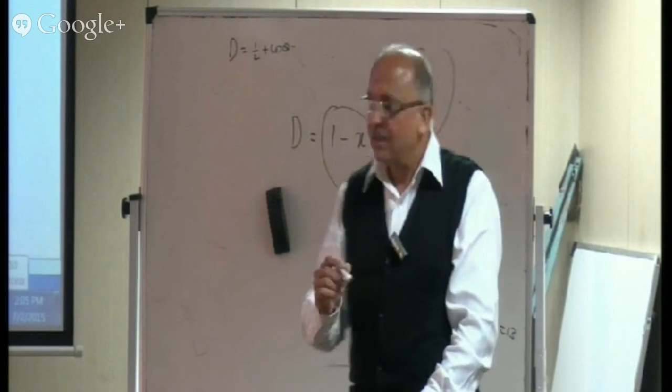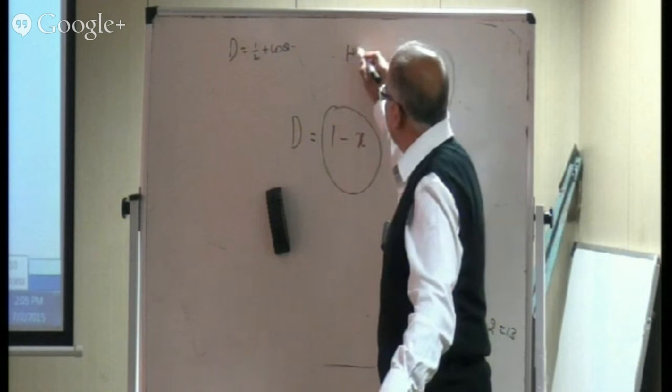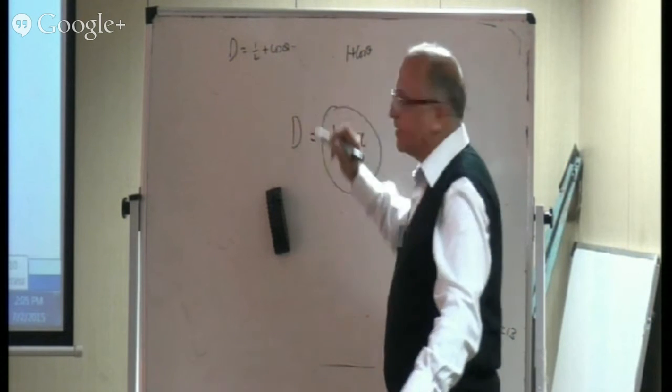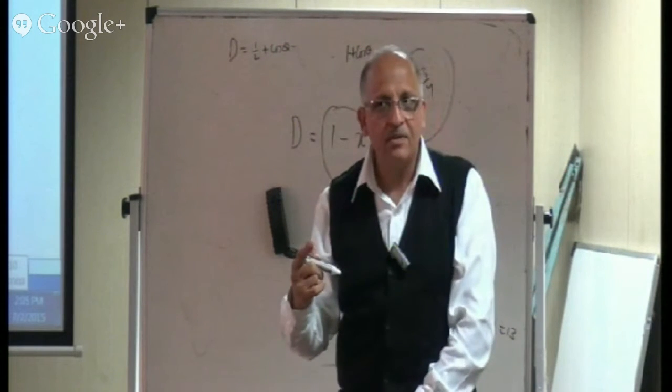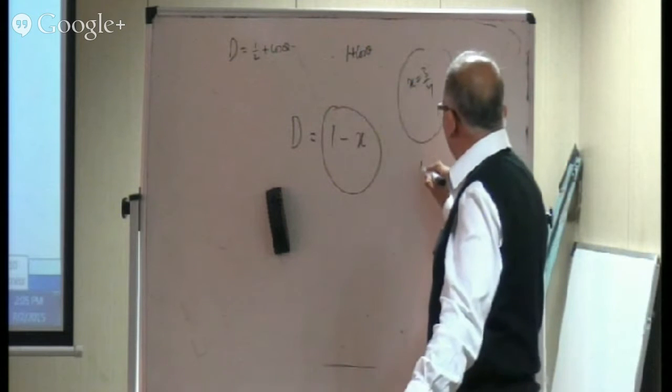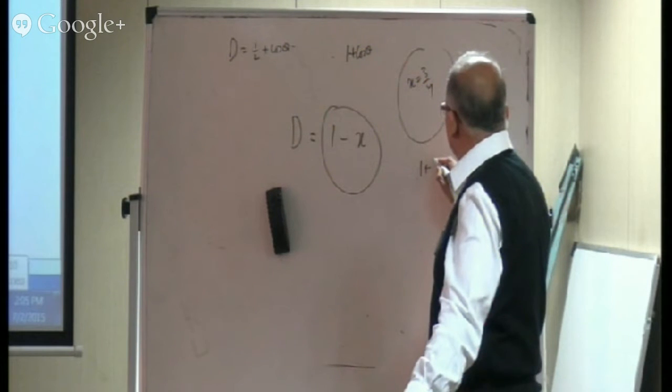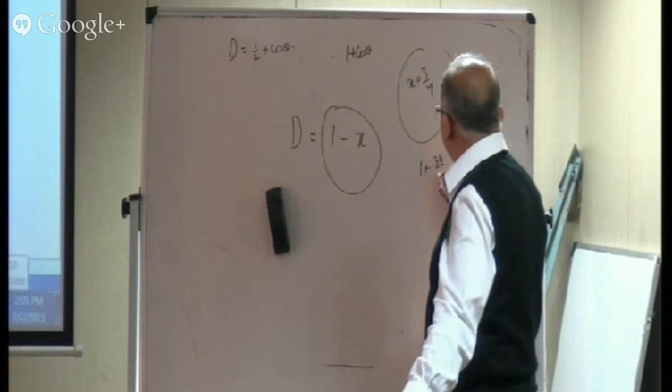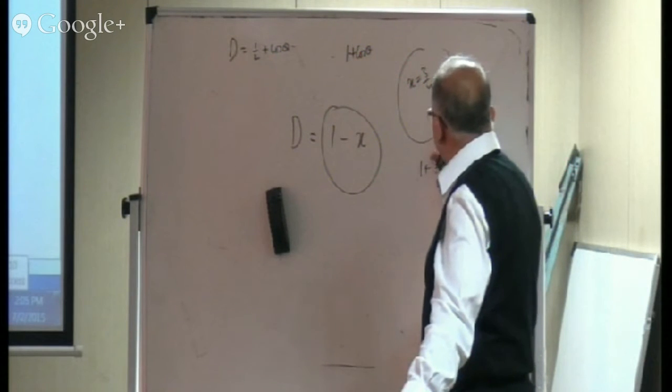Moreover, the expression here was 1 plus cos theta. Cos theta can be positive also. So then, 1 plus, say, 11 by 25.